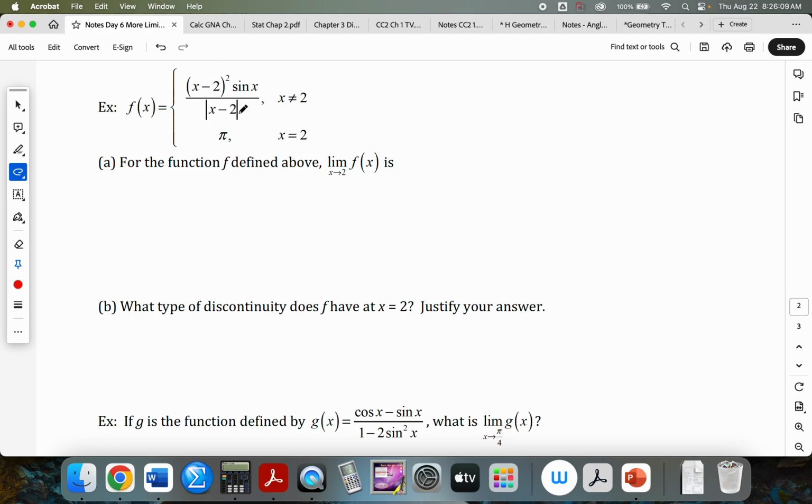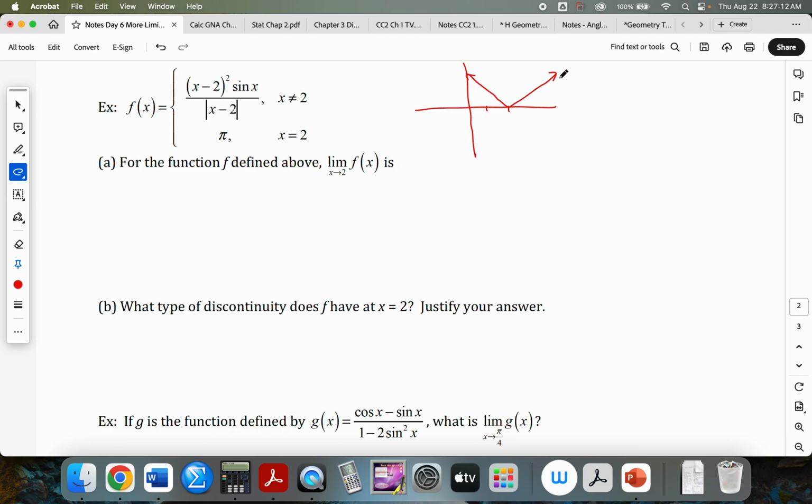So if I'm looking at the absolute value of x minus 2, that's an absolute value function that's just been shifted to the right 2 spaces, so that it looks like this.